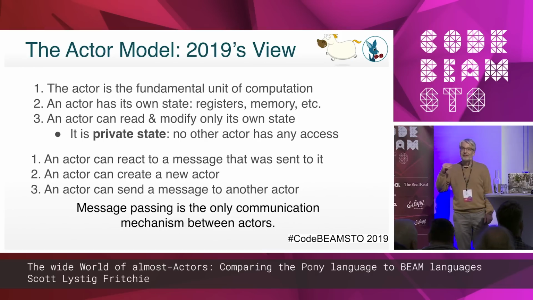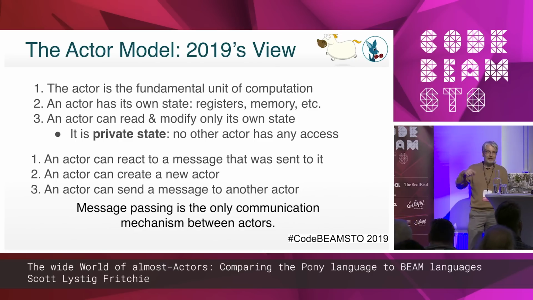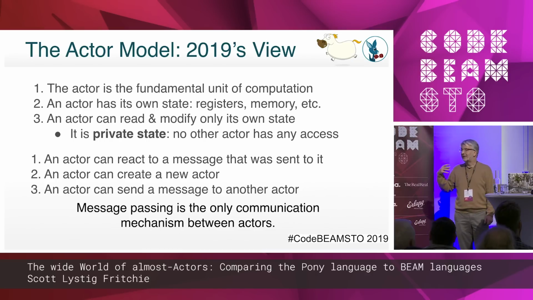So as it's defined in various papers throughout the years, the three major properties of an actor, aside from this fundamental computation notion, is that you can react to a message that you receive, or you can create a new actor, and implicit in that is that when you create a new actor, you know the name.